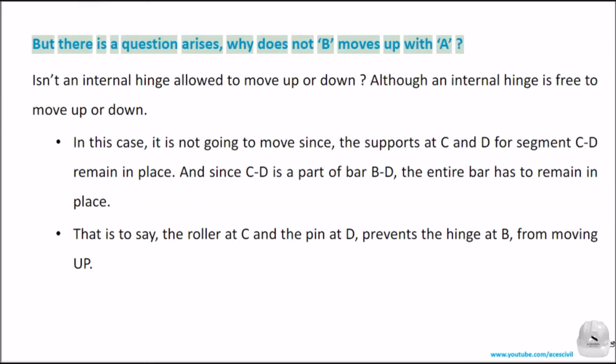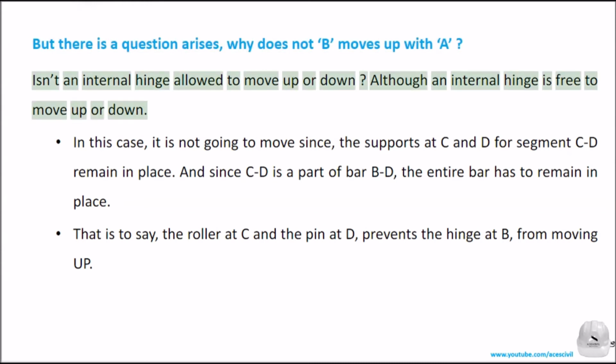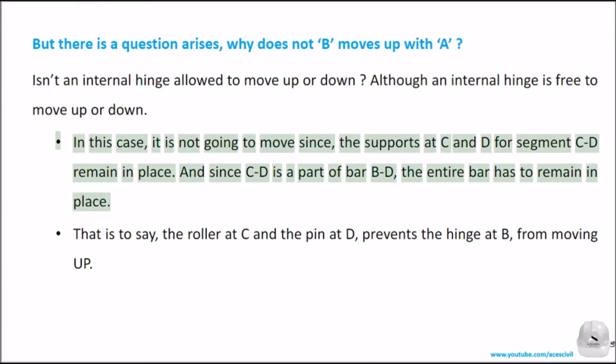But a question arises: why does B not move up with A? Isn't an internal hinge allowed to move up or down? Although an internal hinge is free to move up or down, in this case it is not going to move, since the supports at segment CD remain in place.